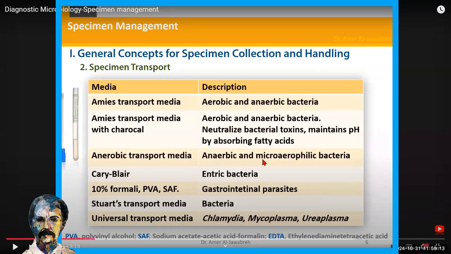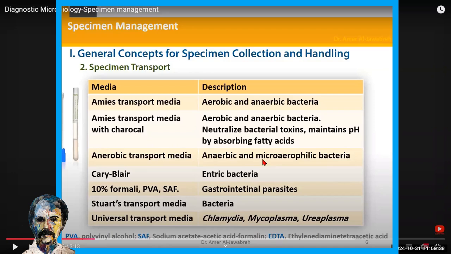Let's say Amies transport medium, for aerobic and anaerobic bacteria. Amies transport medium with charcoal. You know charcoal, the black material, coal. So Amies transport medium with charcoal, for aerobic and anaerobic bacteria.